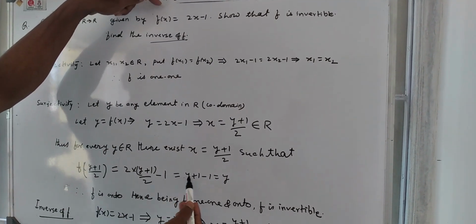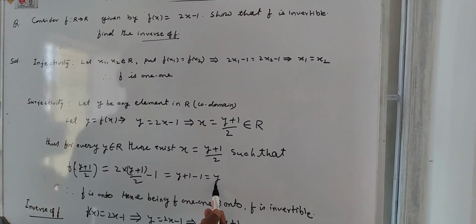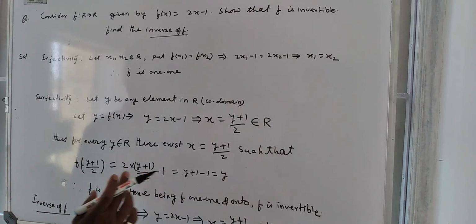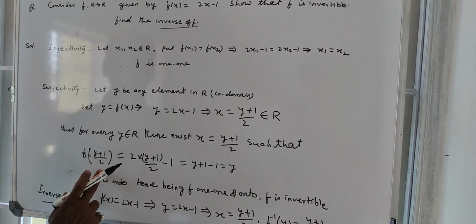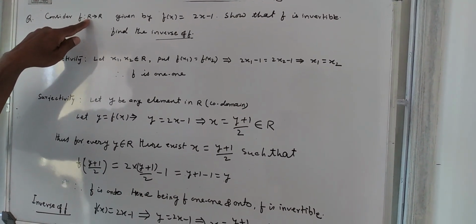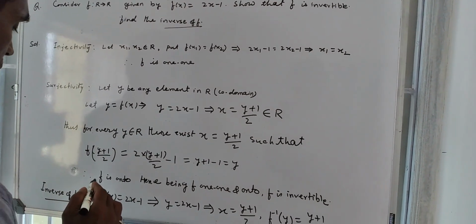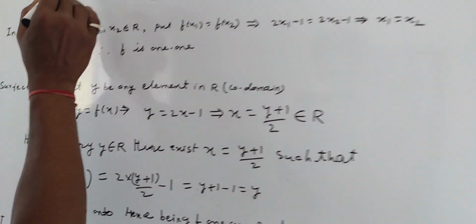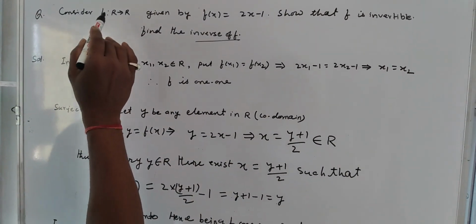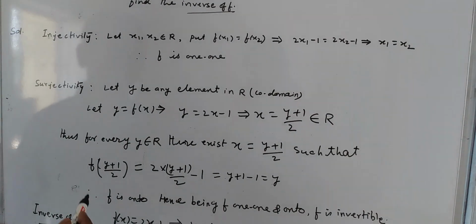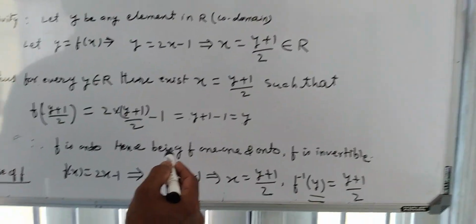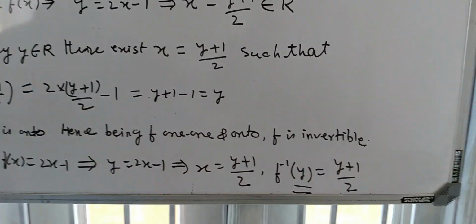After simplifying, you get its value is y. It means y is the image of (y plus 1) by 2, which is real and which belongs to set R, that is the codomain. So we can say every element of this R is the image of some element of its domain. So f is onto, hence f is one-one and onto, so it is invertible.